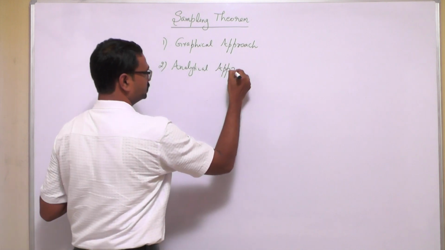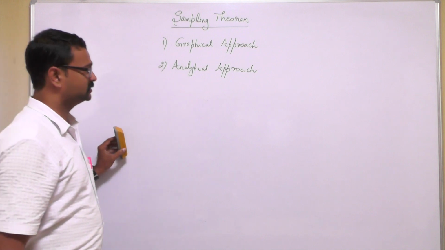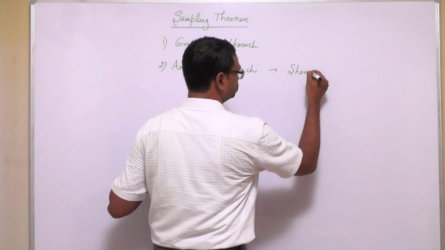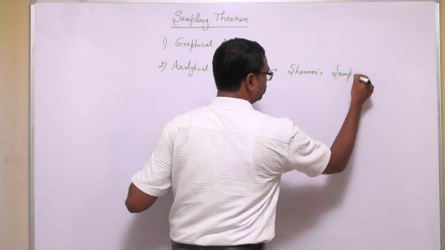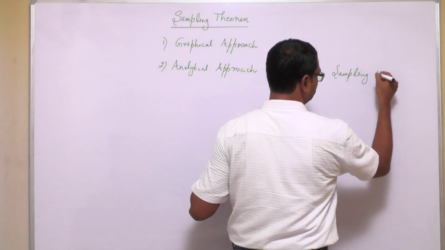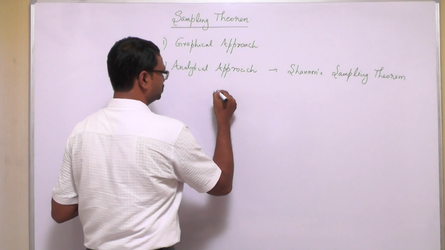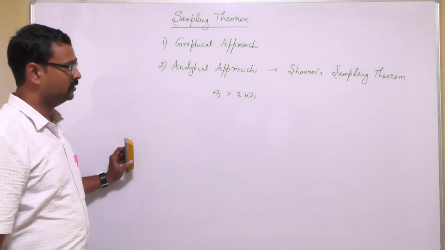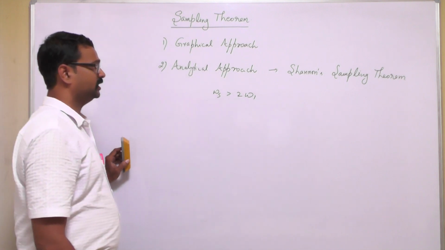We will be discussing these two approaches of sampling theorem in this lecture, and this is nothing but Shannon's sampling theorem. In both these cases, we will try to see what is happening when omega s is greater than 2 times the highest frequency component of the continuous time signal, in both the graphical approach and the analytical approach.